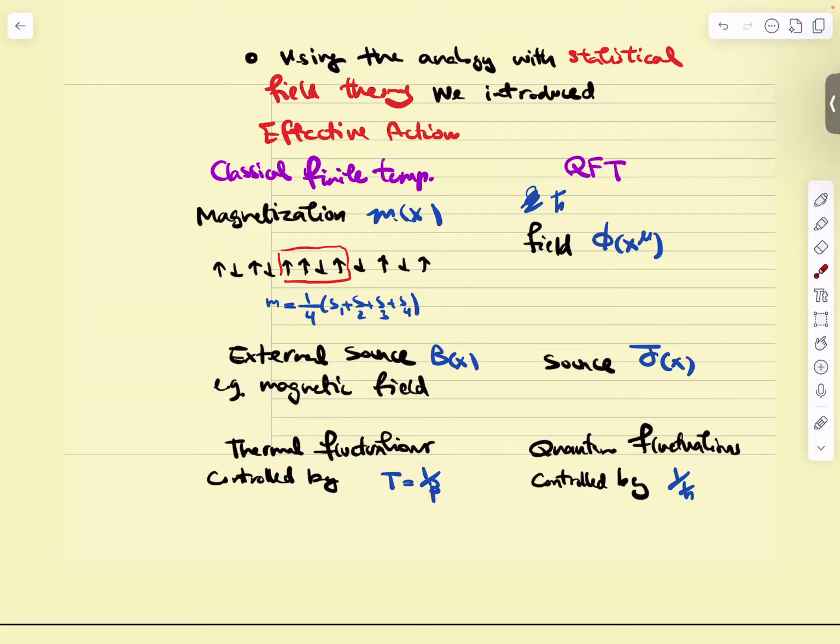Fluctuations are what you need to define a field theory, a quantum field theory. So here, the origin of fluctuations is thermal fluctuations, right? Whereas here, the quantum fluctuations are controlled not by 1 over h bar, but by h bar. Good?